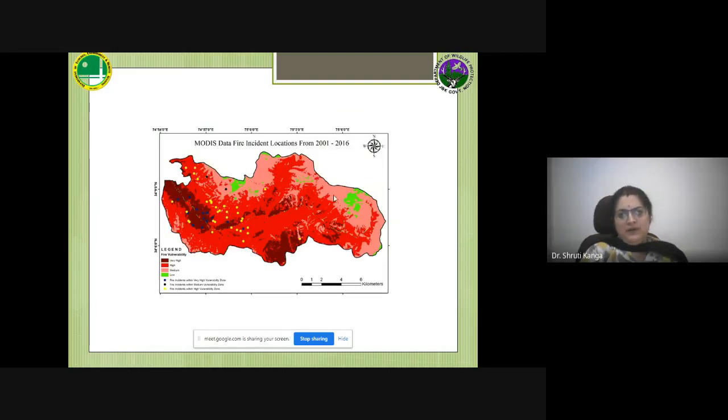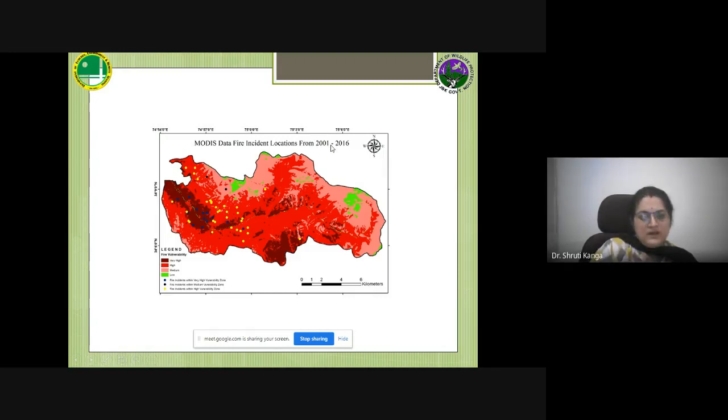Based on this case study, they have also tried to overlay the different incidents of forest fire from 2001 to 2016, based on the MODIS fire data for this particular area, where fire has occurred in these many years.